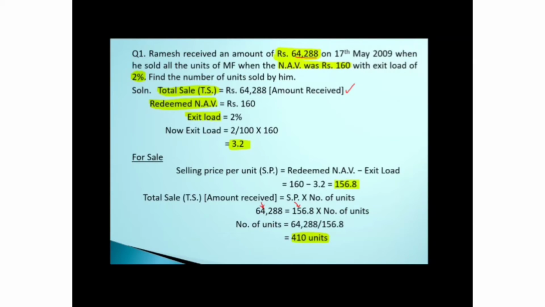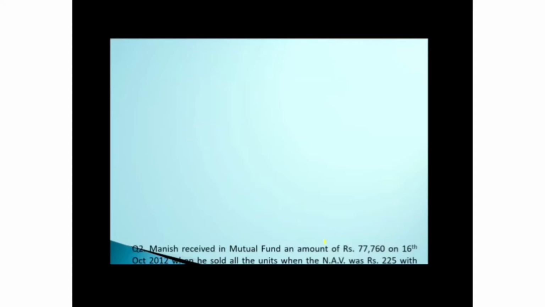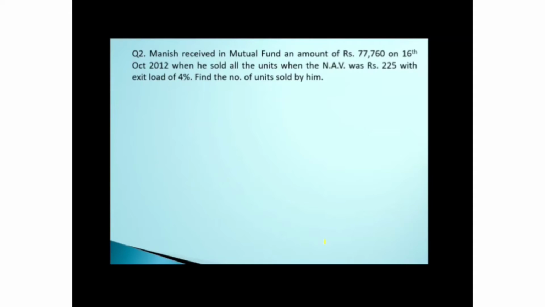Now, in a similar manner, we will take the second question of the same kind, and let us see how many of you can work it out. I just go on now to the next slide, and we will have question number 2. So just write down question number 2 that is given to you as follows.